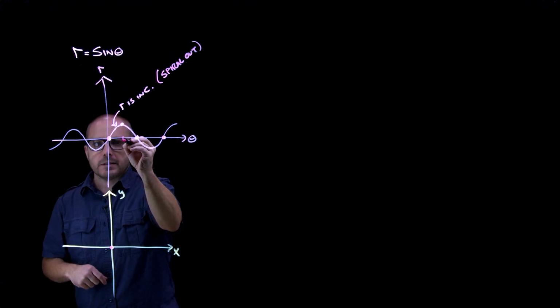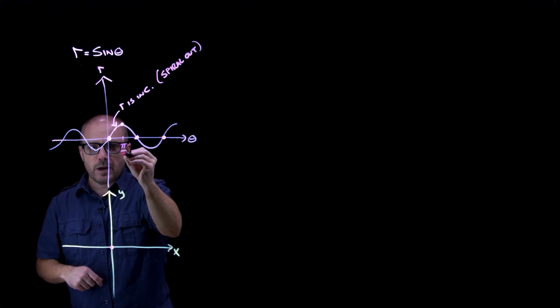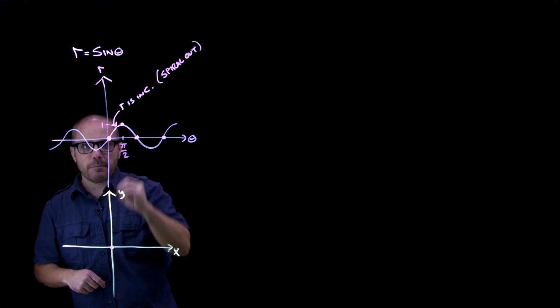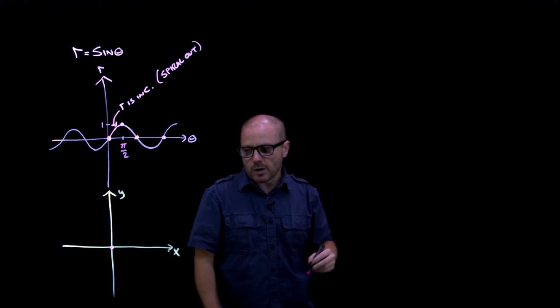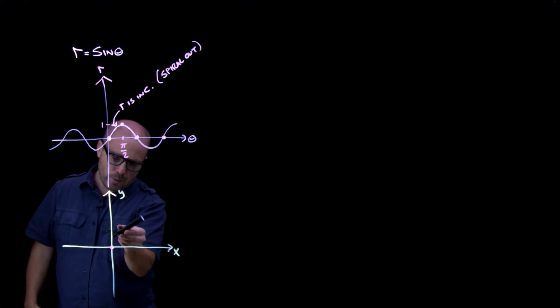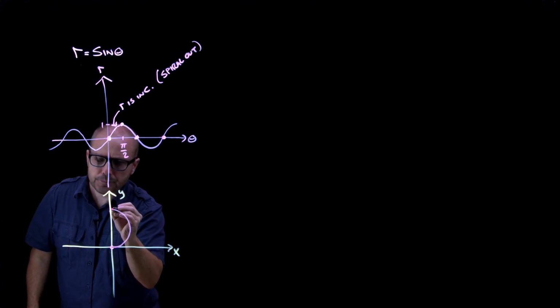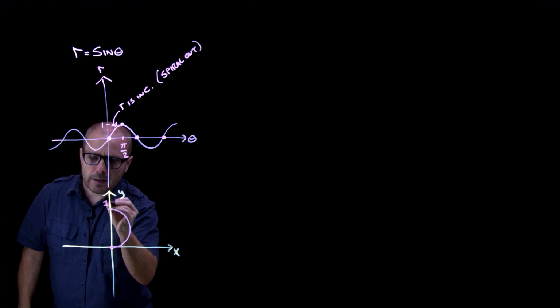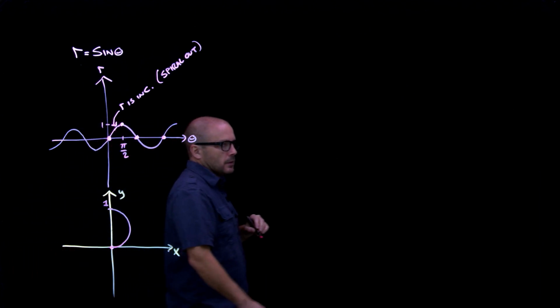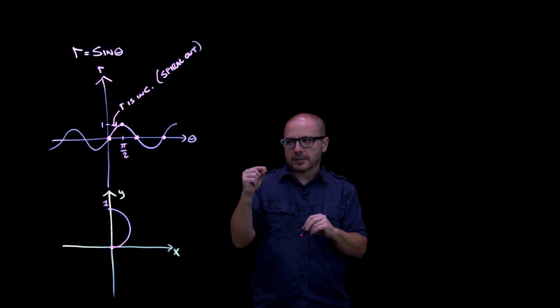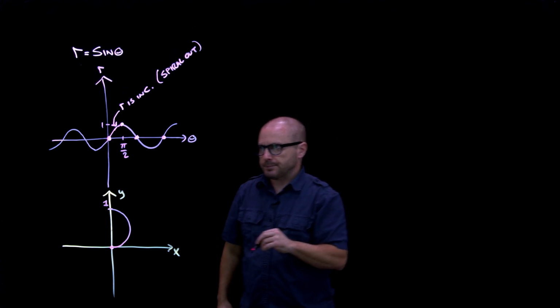And all the way until pi over 2, I'm spiraling out, and I max out at a radius of 1. So from 0 to pi over 2, I'm going to spiral out and end up at the maximum radius there of 1.